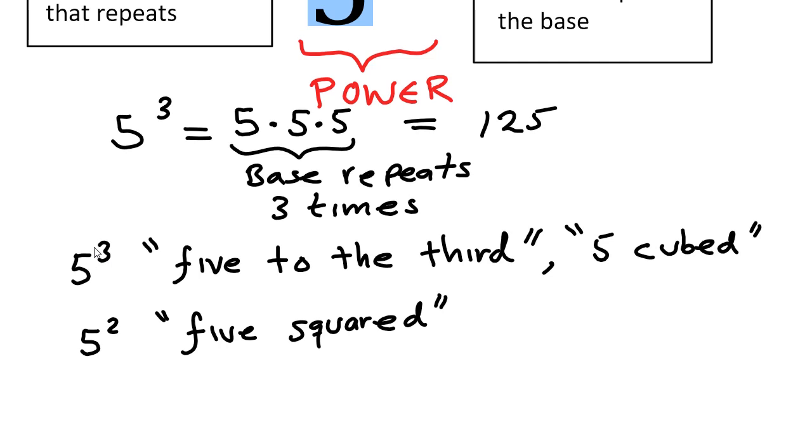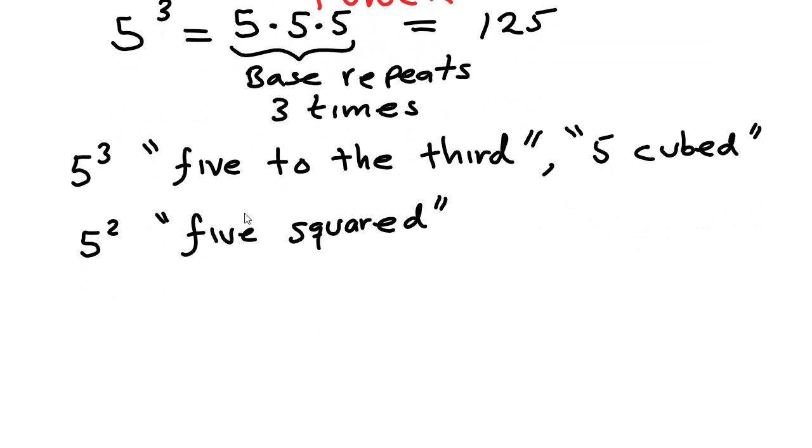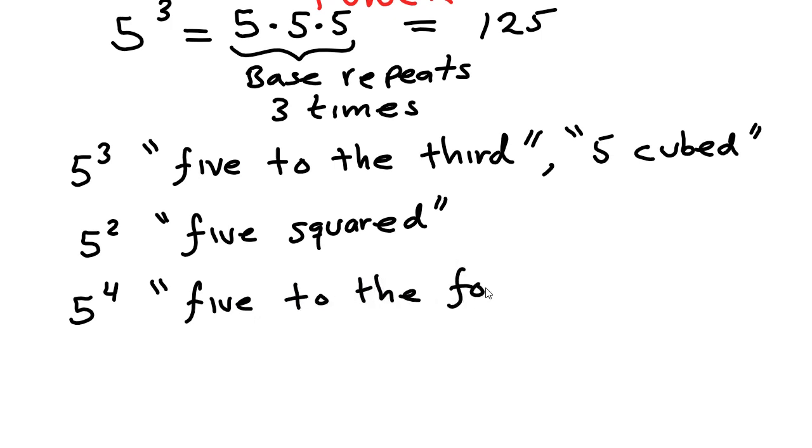And then for other exponents, say for example base 5 exponent 4, then we would say 5 to the fourth. Again, to the fourth power, 5 raised to the fourth, and so on. Those are all preferences, but usually this is how you would pronounce those different powers. Okay, so together the base and the exponent make a power.